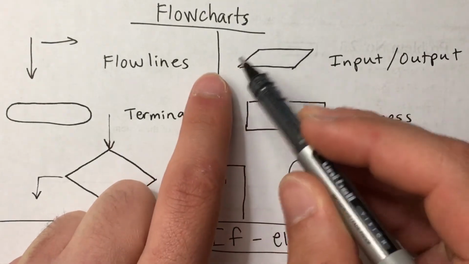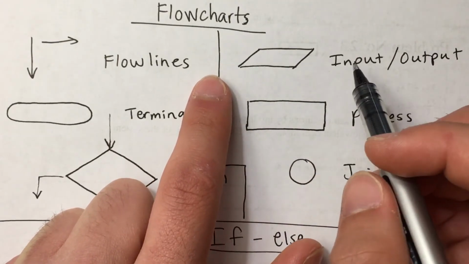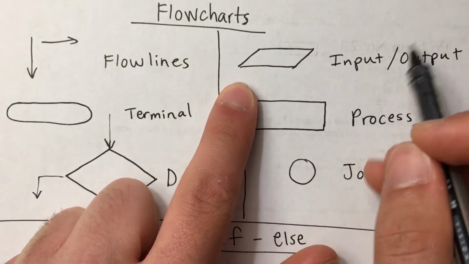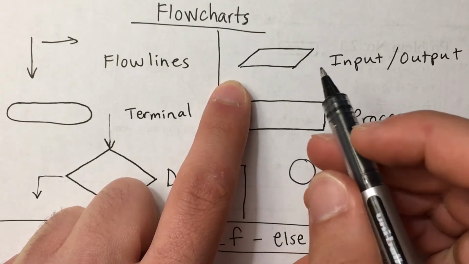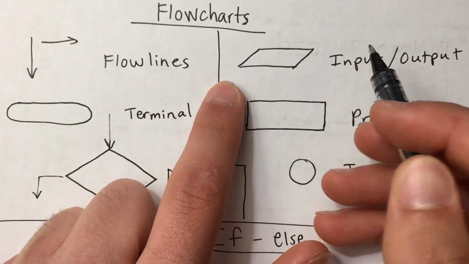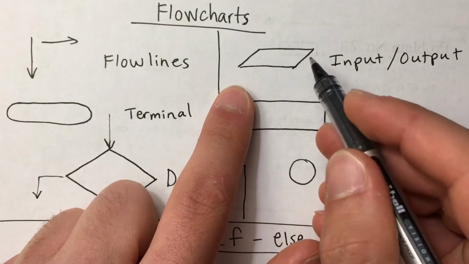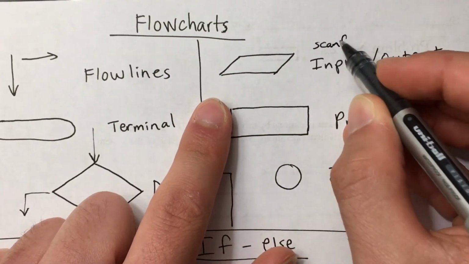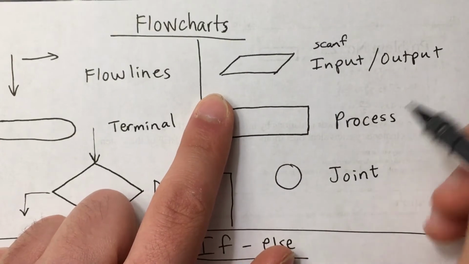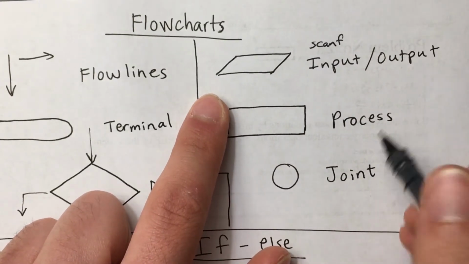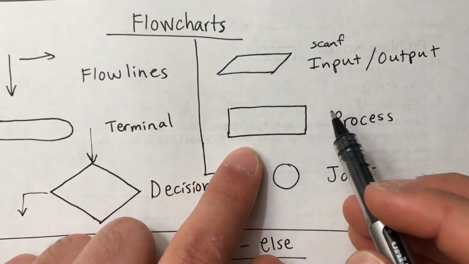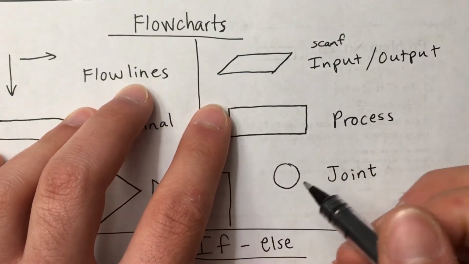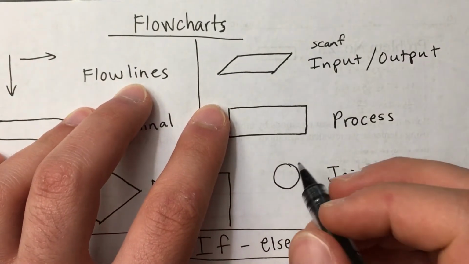And then you have this parallelogram shape, and it symbolizes an input or an output. An example for an input would be the scan function, like scanf, where you want the user to input something, and for output, like printf. That's in C, for example.